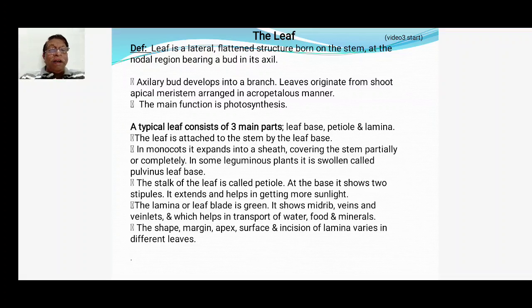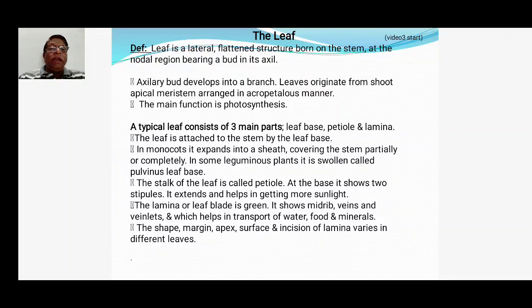A typical leaf, you may take hibiscus as a typical leaf. The typical leaf consists of three main parts.